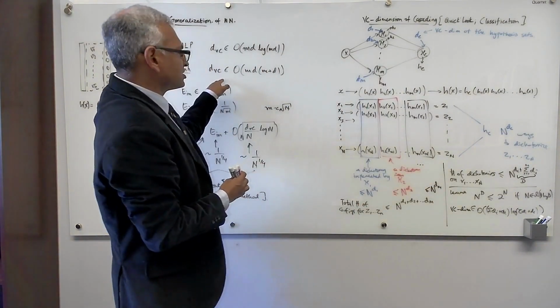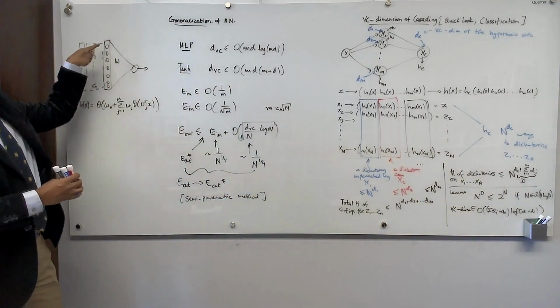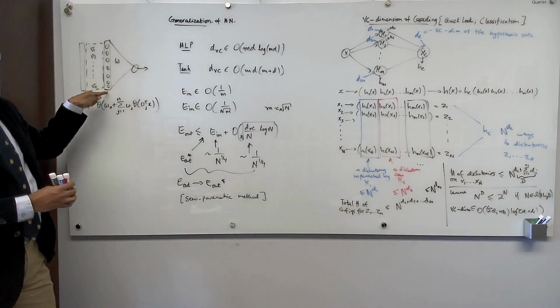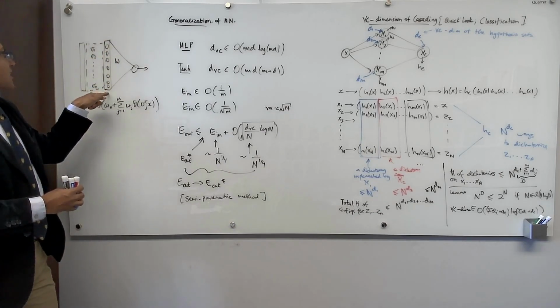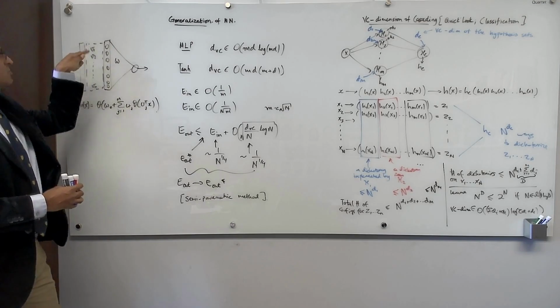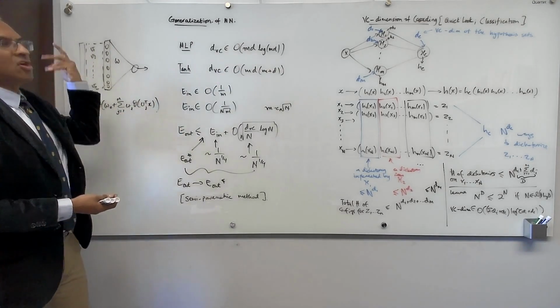And in this application, the VC dimension of each of these individual hypotheses is d plus 1, and the VC dimension of this guy is m plus 1. So we have the sum of these d plus 1s m times, so that's m times d, times the log of m times d.